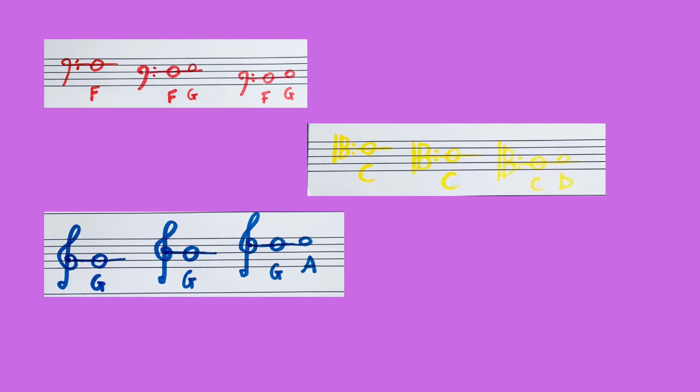If we have an F clef, no matter where it is placed, that line will be our F. The note above that line will be the G, and the note below, the E. If we take the C clef, the line in the middle of the C clef will be our C, and the note above that line would be the D. The note below that line would be the B, and so on.